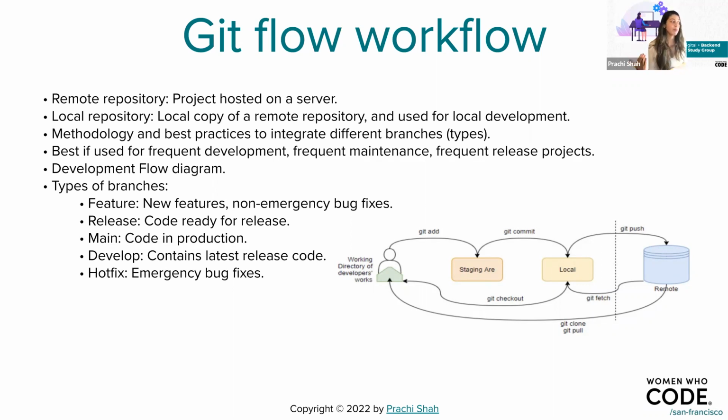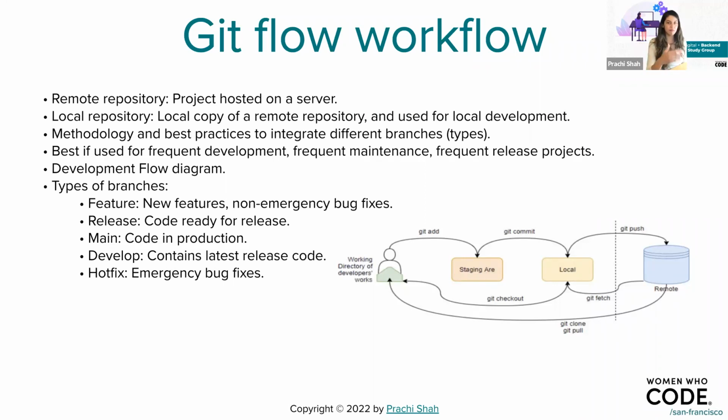So if I'm creating a branch off main for some kind of new feature development or some non-emergency bug fixes, I would call it a feature branch. Usually, if I'm creating a branch off main at a particular point in time just to release my code to production, then I'm going to call it a release branch.